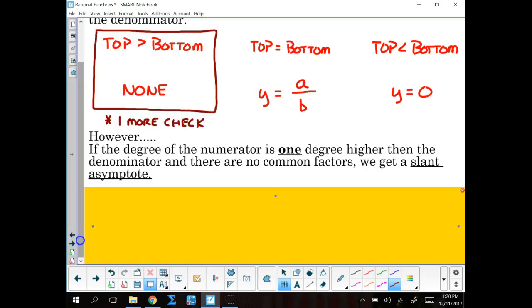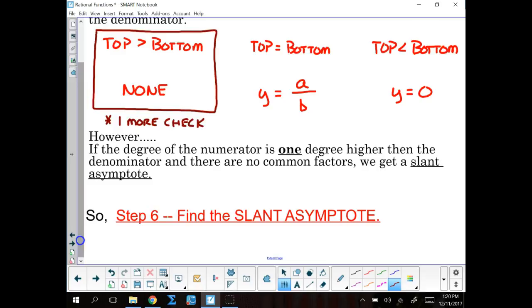So, the much anticipated step number 6. We need to find that slant asymptote if the numerator's degree is 1 bigger than the denominator.